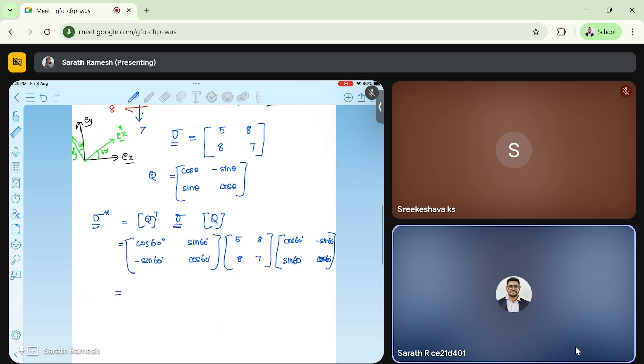So let's just convert: cos 60 is 0.5, sine 60 is 0.866, minus 0.866, 0.5, 5, 8, 8, 7, 0.5, minus 0.866, 0.866, 0.5.